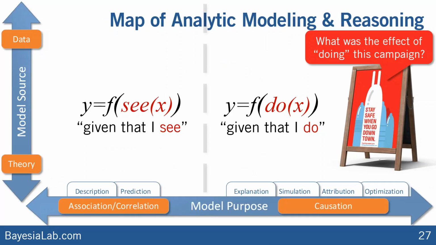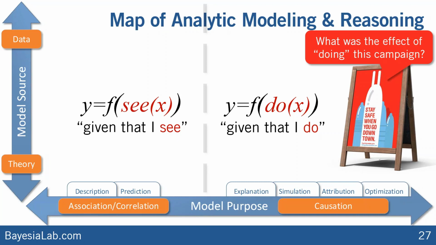And here I'm bringing back our very popular map of analytic modeling and reasoning, and you've seen this many times before. It shows the major distinction that we need to make between the left and the right side of this map: association, correlation on the left, and causation on the right.